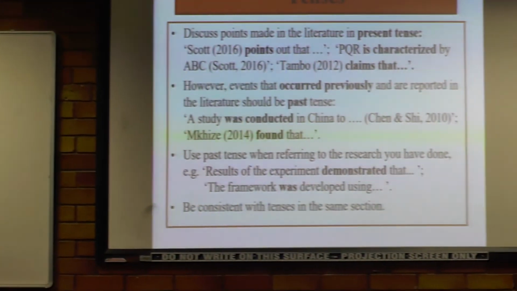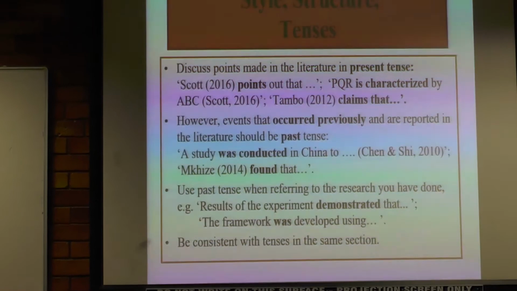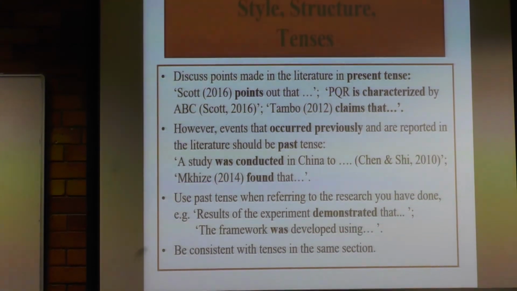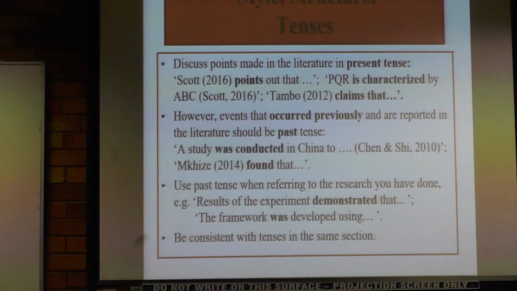But when it comes to our textbooks, we can use quite old ones. And so let's say the author's name was Heading. We can say, Heading points out, because when you look at that book, Heading is pointing that out to you today and to me 10 years ago. So you can say Scott points out, PQR is characterized by, and you put Scott behind it, and Tambu claims that. You can use the present tense.